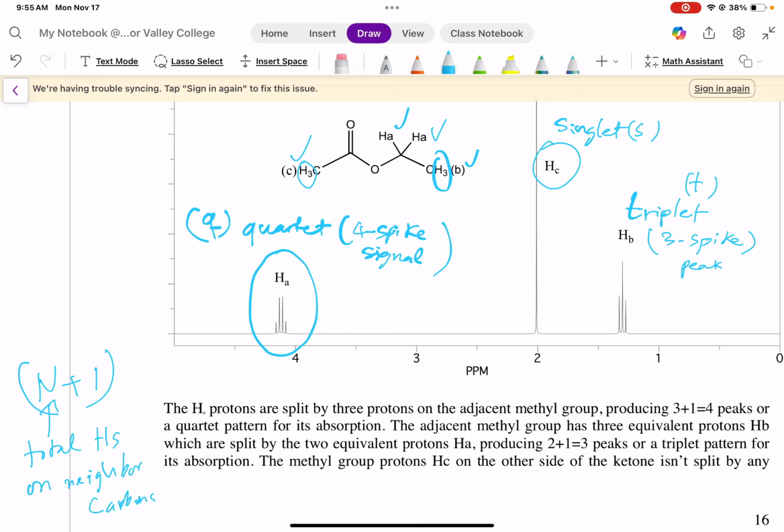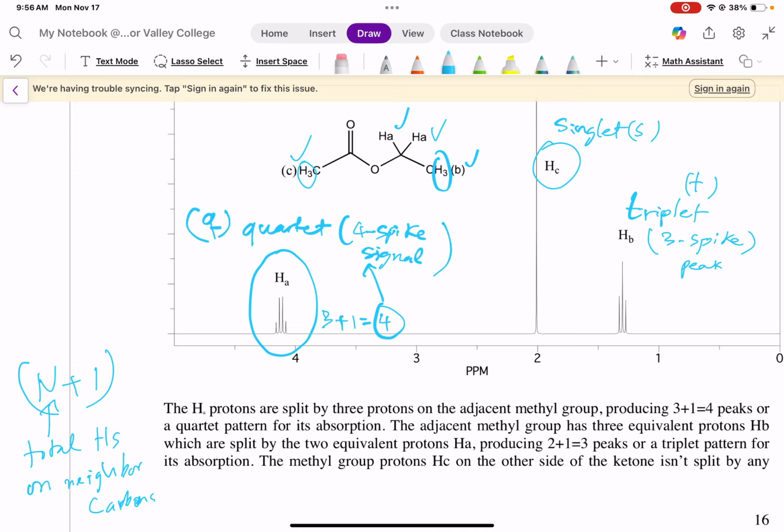All neighbor carbon. On the left, on the right. Okay, so for A, the 2A hydrogens, look over to the right, and there's a neighbor carbon with 3 hydrogens. So that's why it's a 3 plus 1. And that's why you got 4 spike.